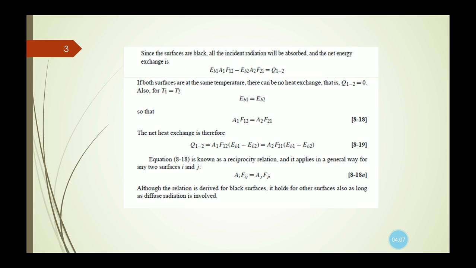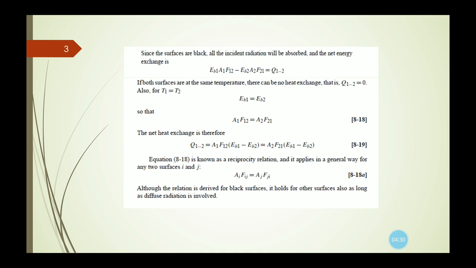Now if both the surfaces are at the same temperature, there can be no heat exchange, that is Q12 will be equal to 0. So for T1 equal to T2, when the temperatures are the same, in that case EB1 will be equal to EB2.